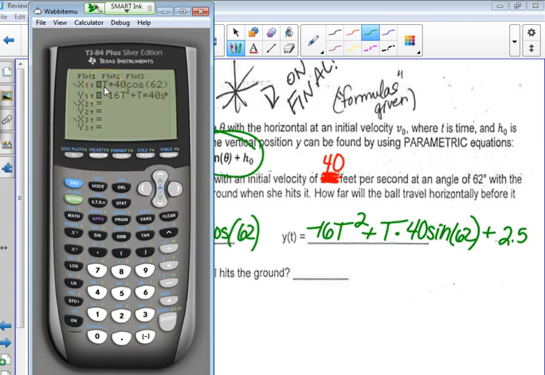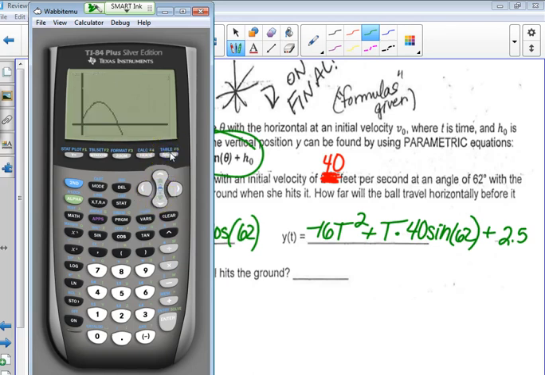Okay. T times 40 cosine 62 in degrees. Negative 16t squared plus t times 40 sine of 62 plus 2.5. If it gives you an error, do the go to and see what it says. Here, did you put a squared in? 0, 5.1. Negative 10 to 100 by ones and negative 10 to 150.